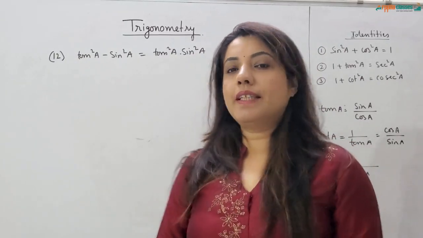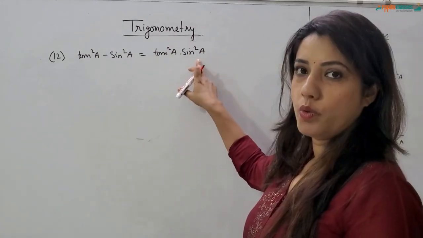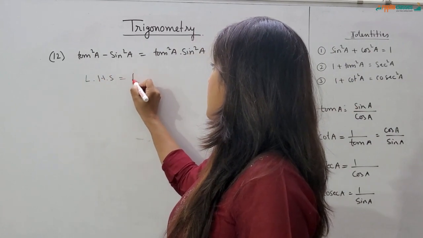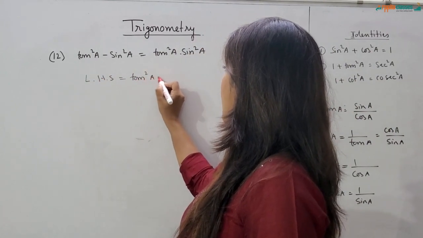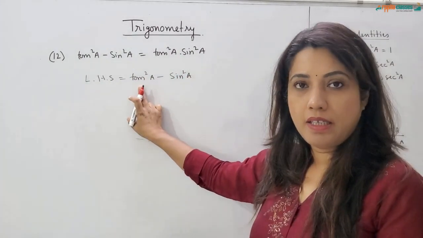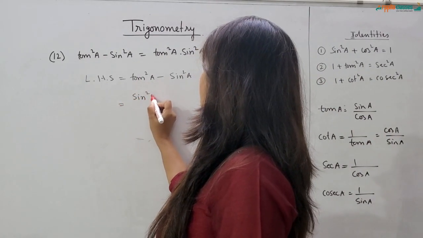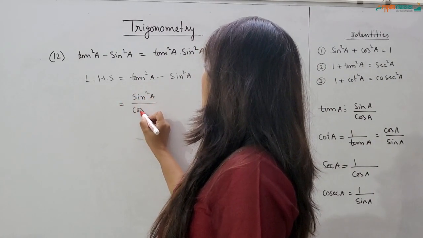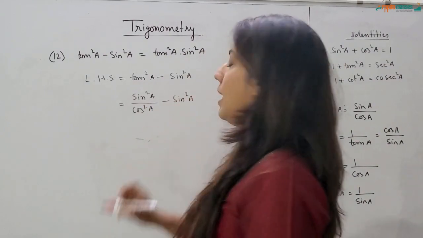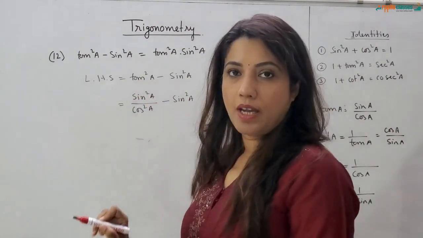Let us proceed towards the next sum. Tan square A minus sine square A is equal to tan square A into sine square A. So here what I am going to take is, left hand side is tan square A minus sine square A. I will be resolving tan into sine and cos. So I will be writing it as sine square A upon cos square A minus sine square A. Now from these two terms I can take sine square A common.